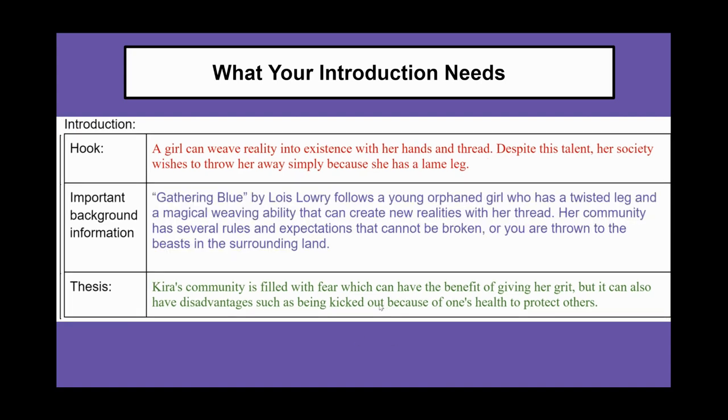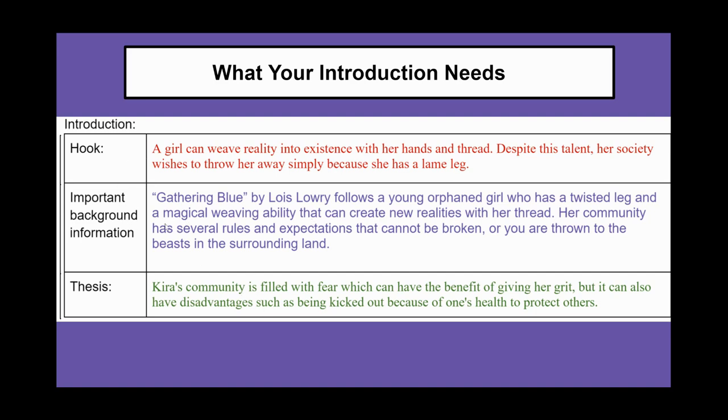For example, my reader would not understand what was going on if I didn't explain that Kira had a twisted leg, that she had a physical disability, and that she had an amazing threading talent where she could thread new realities into existence, and that her community had really severe expectations and rules, and that you would get thrown out of the community if you didn't follow those rules. Without any of this information, my readers could not understand my thesis.